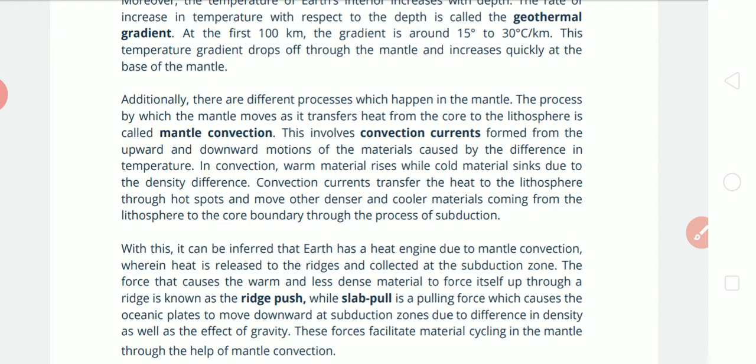In convection, warm materials rise while cold materials sink due to the density difference. Convection currents transfer the heat to the lithosphere through hotspots and move other denser and cooler materials from the lithosphere to the core boundary through the process of subduction.